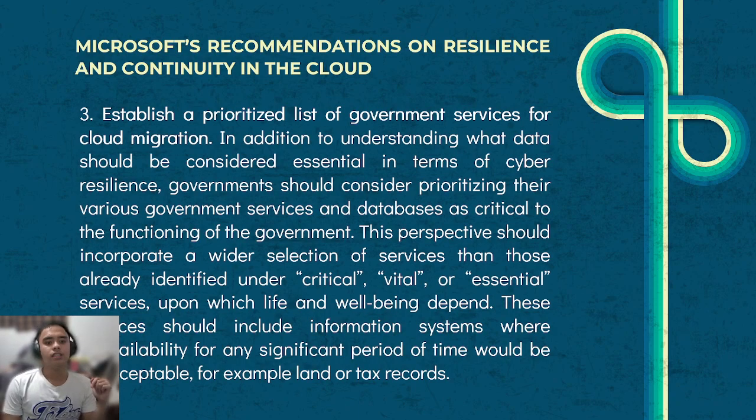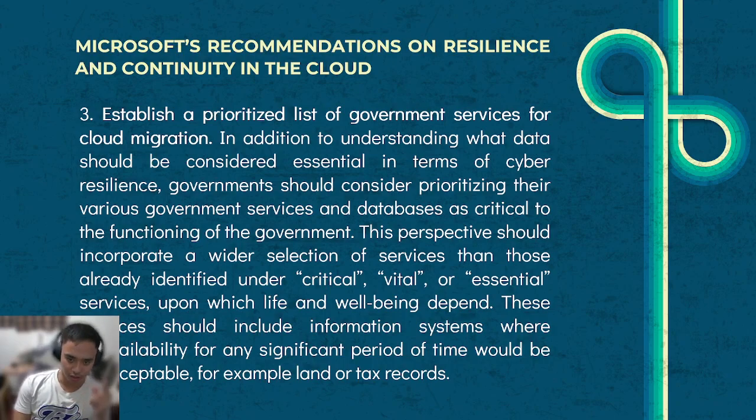Third, establish a prioritized list of government services for cloud migration. In addition to understanding what data should be considered essential in terms of cyber resilience, governments should consider prioritizing their various government services and databases as critical to the functioning of the government.